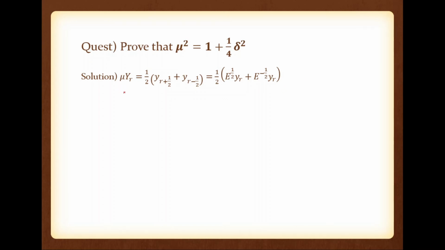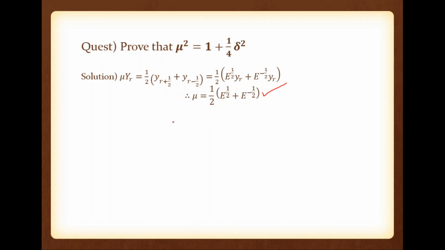So that is mu yr. Now we can remove yr, so mu is equal to 1 by 2 into e raised to 1 by 2 plus e raised to minus 1 by 2.